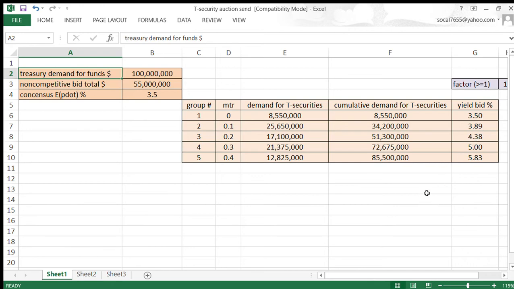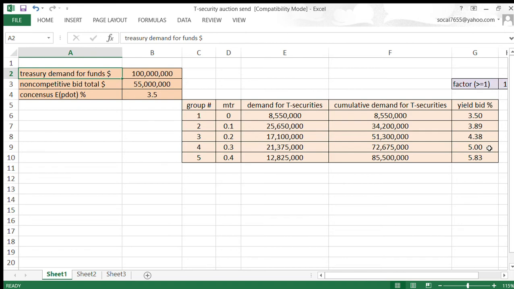And hence your purchasing power will be constant. Group 4, assumed to have a marginal tax rate of 30%. They want 21.375 million. Now the total's up to 72.675 million. Their yield bid is 5%.